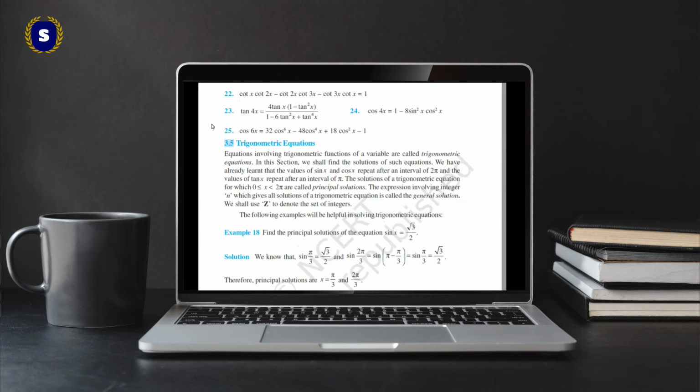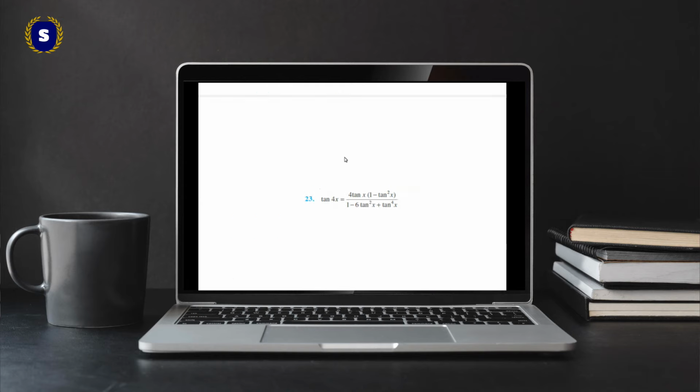Let us jump to the next question, that is question number 23. So we have LHS is equal to tan 4x. We can write it as tan twice of 2x.